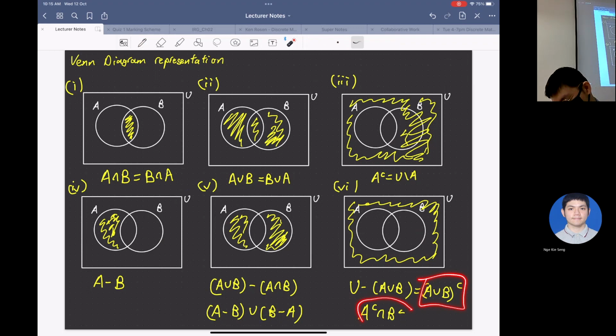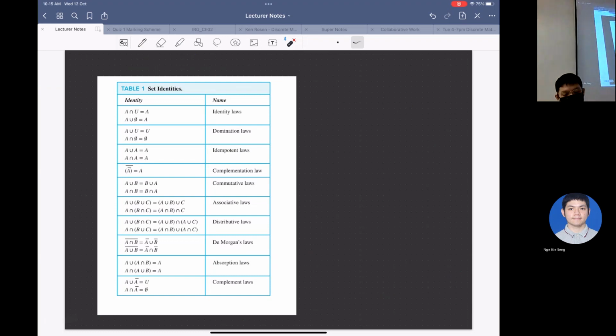So this one, you see, should remind you a bit of De Morgan's. You bring the complement in and then this one turns. Actually, we also have similar set identities with these two operations here, the cap and cup.